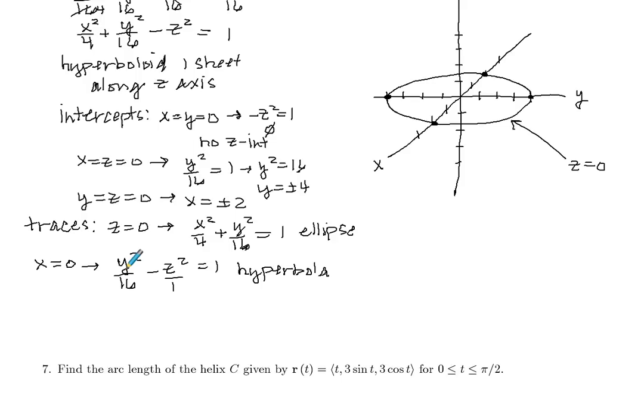And to sketch that hyperbola, and this is in the yz plane, so that's in this plane here, remember what you do is you make a rectangle that goes plus or minus 4 in the y direction, and that 4 is the square root of 16, and then plus or minus 1 in the z direction. And you sketch a rectangle in there.